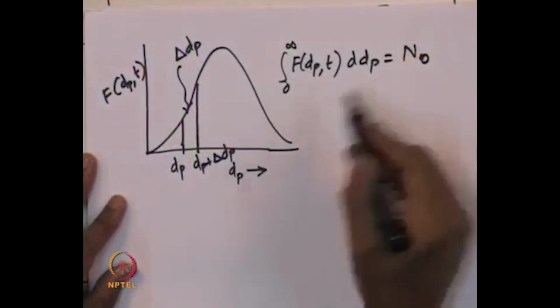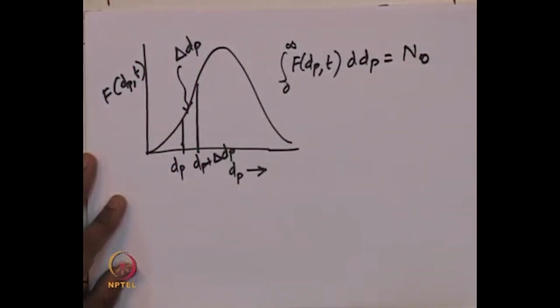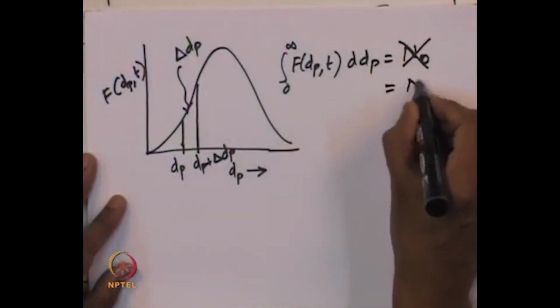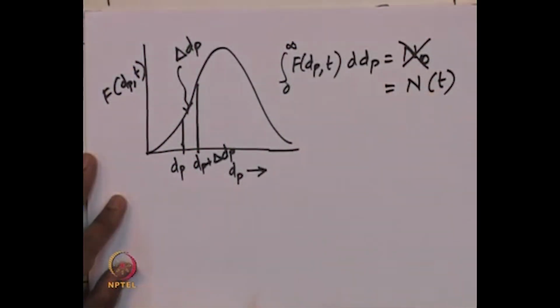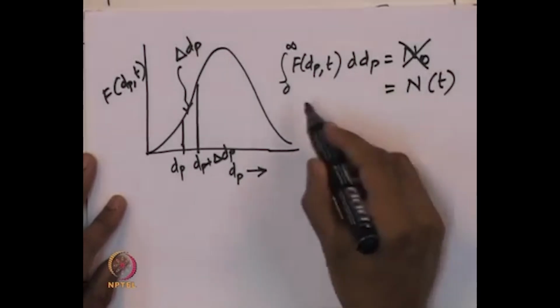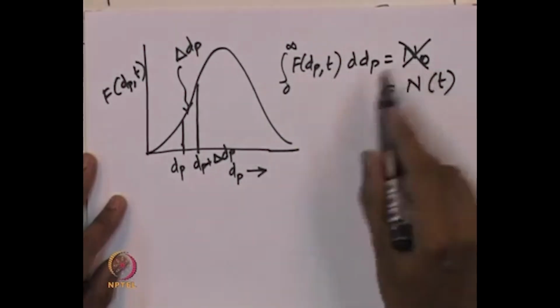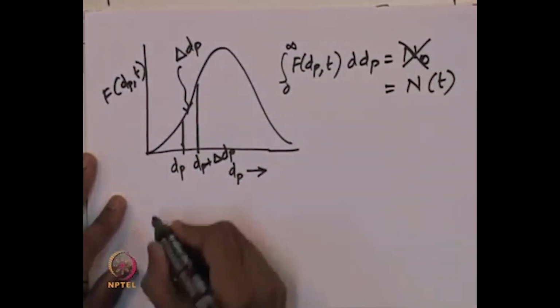So, the integral under the curve up to infinity, if we assume that the particles are of some finite size at all times, should be equal to the total number of particles itself. Now, if that is not the case, then this should be a function of time. The number of particles will change because some of these particles will dissolve and disappear, and when that happens, this integral between 0 to infinity should be a function of time.